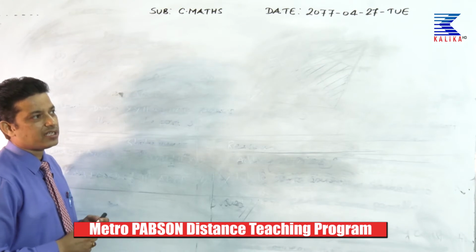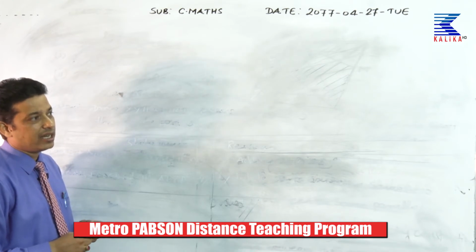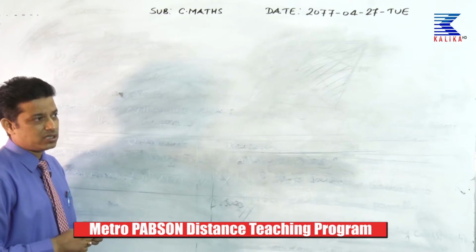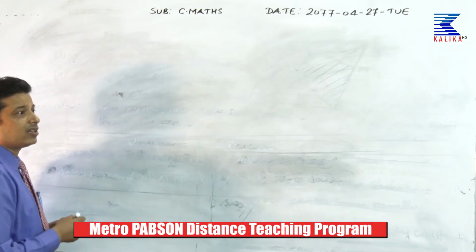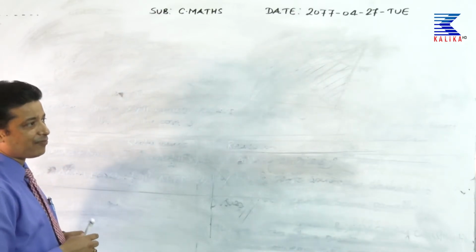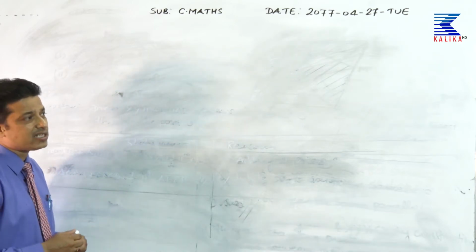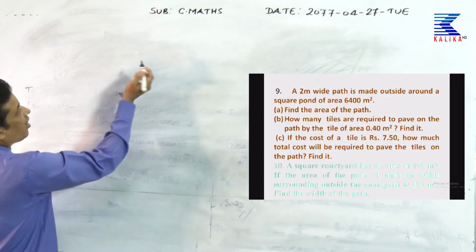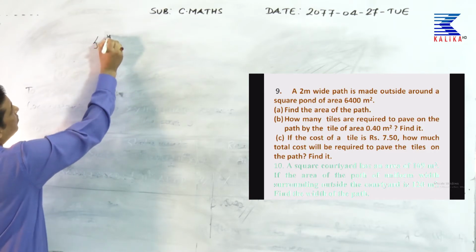A 2 meter wide path is made outside around a square pond of area 6400 square meter. It means this question is about area of path, and the path is constructed outside around a square pond. So, dear students, let me write the given thing at first.